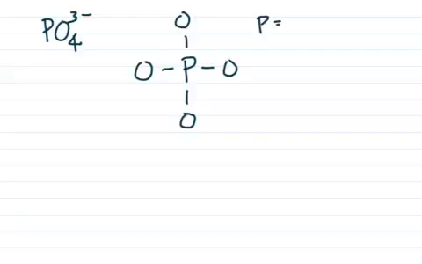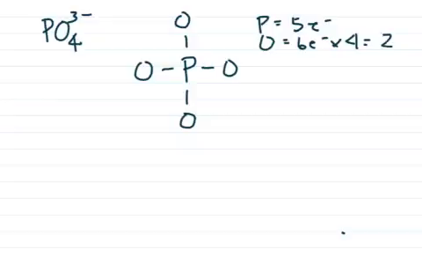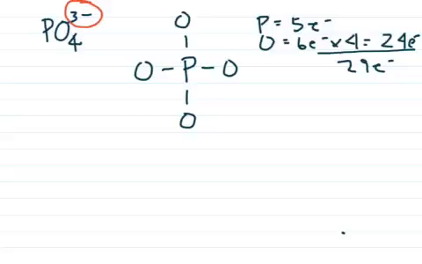Phosphorus has 5 valence electrons. Oxygen has 6 valence electrons times 4 gives us 24 electrons, which gives us right now 29 electrons. But don't forget, we need to add in the charge, so we're going to add in 3 more electrons to give us 32 electrons.